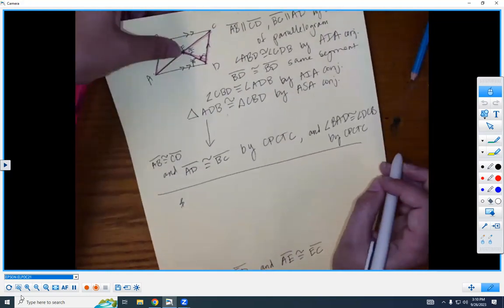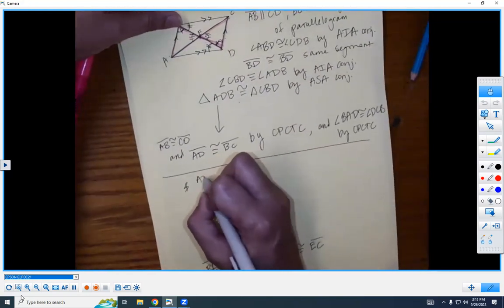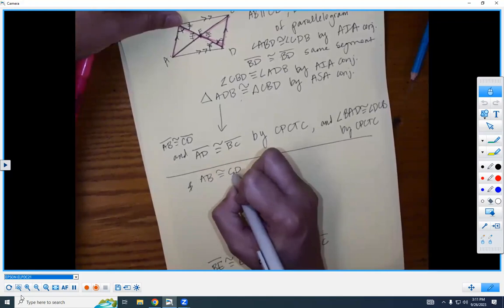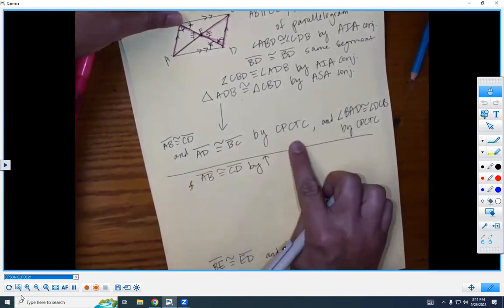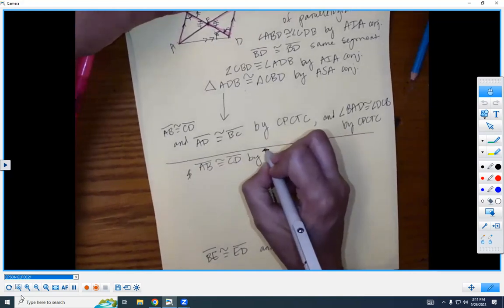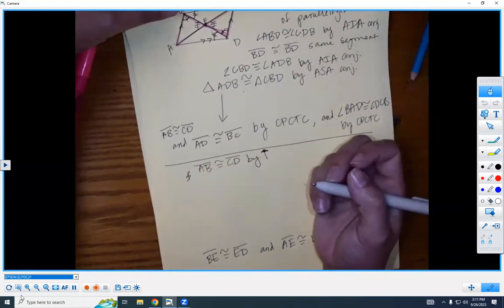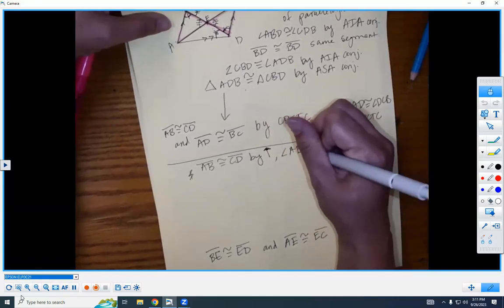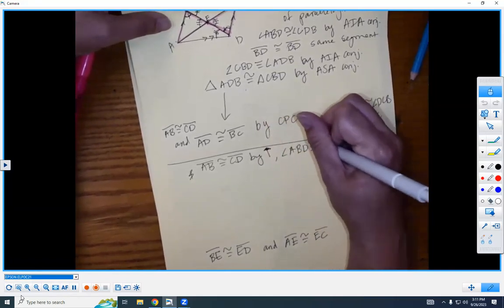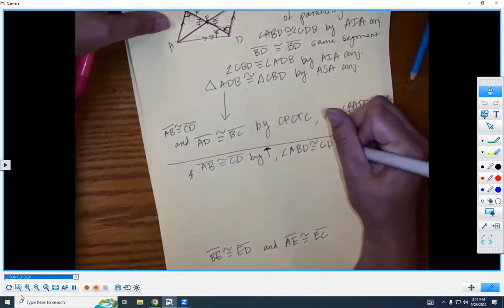So I would say AB is congruent to CD by that proof above. I'm going to put an arrow showing the proof above. I know that angle ABE is congruent to angle CDE.